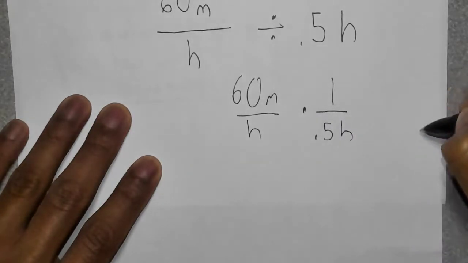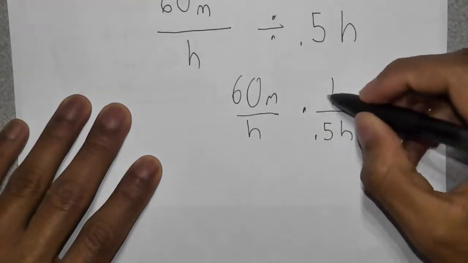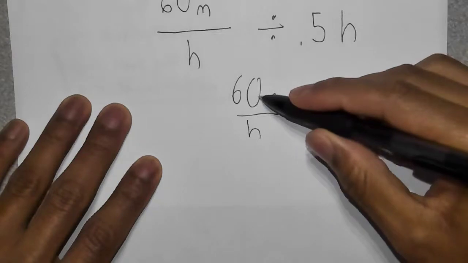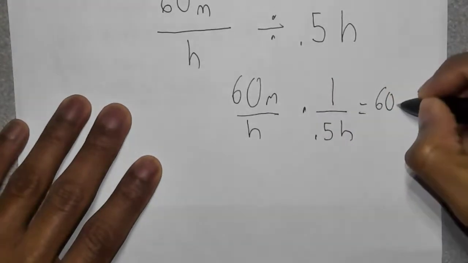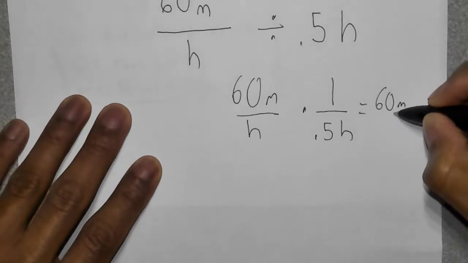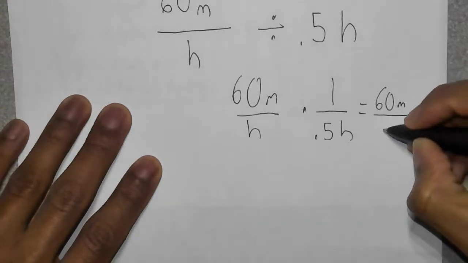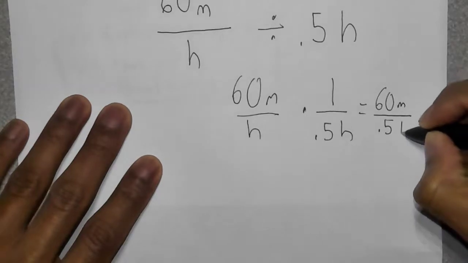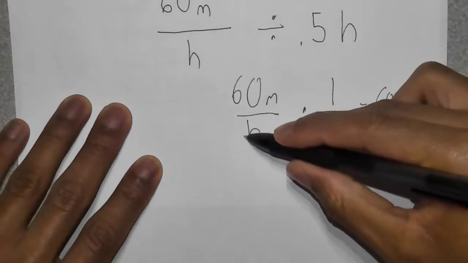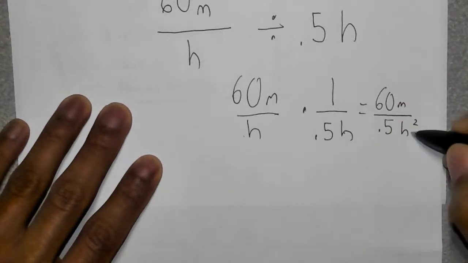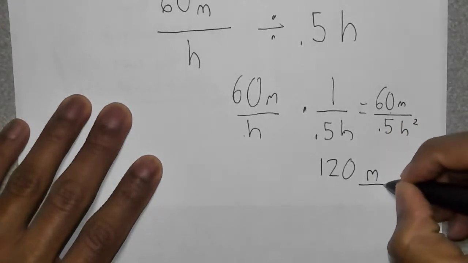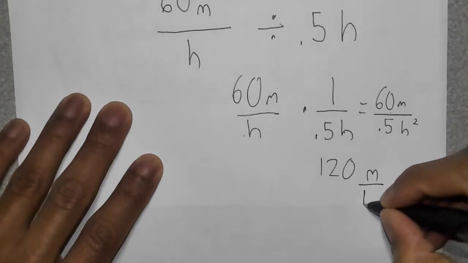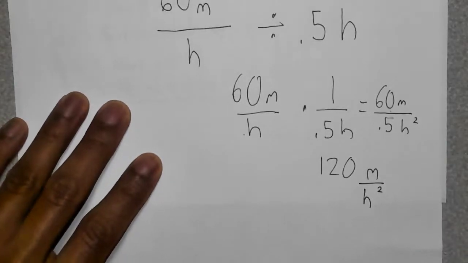Now that it's in this form, you can see that you end up with 60 miles divided by 0.5 hours squared. This is hours times hours. 60 divided by 0.5 is 120. So it's 120 miles per hour squared.